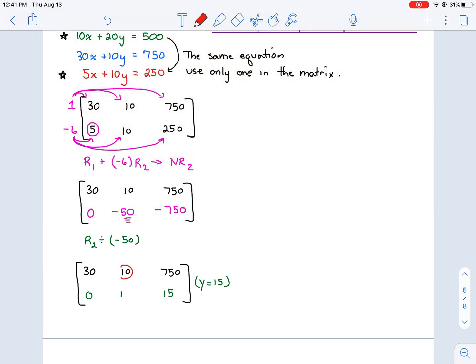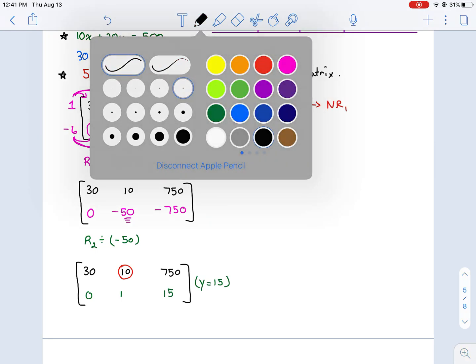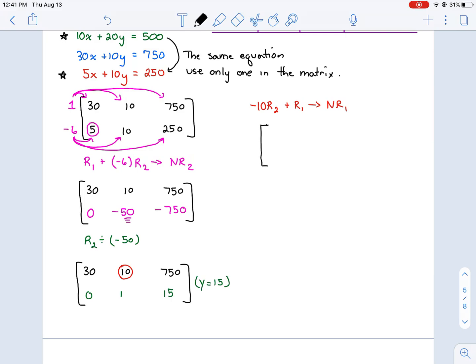Next, we want to make this 10 a 0, and we can do that by going negative 10 times row 2 plus row 1 will lead to a new row 1. So this time, row 2 doesn't change.